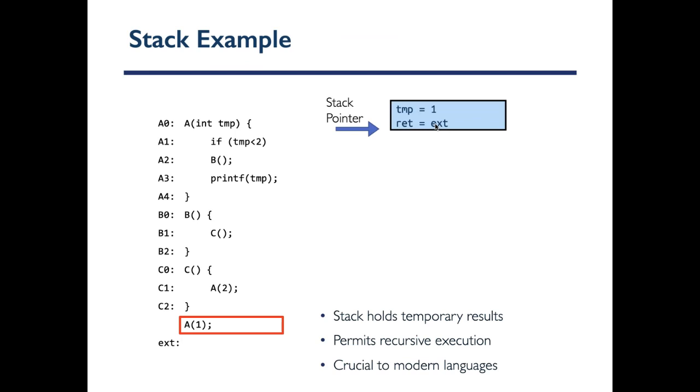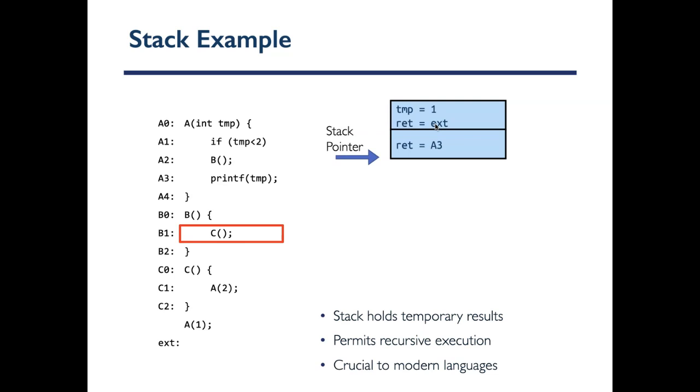Anyways, so let's see what happens. After this, we're going to come to A, check if temp is less than 2, which it is. So we're going to call B right after the temp. So here is another function call. It doesn't have any argument, so we're going to just put the return address here.